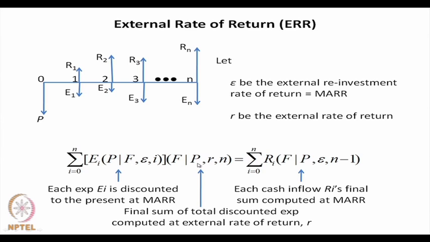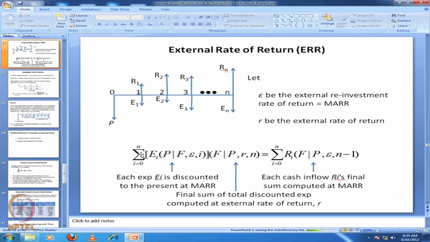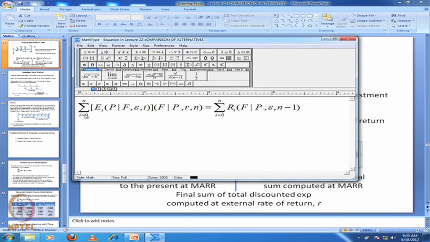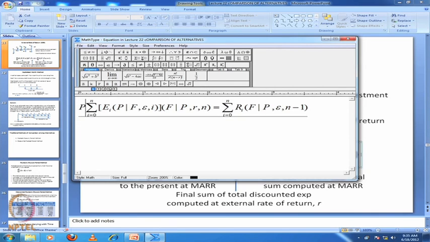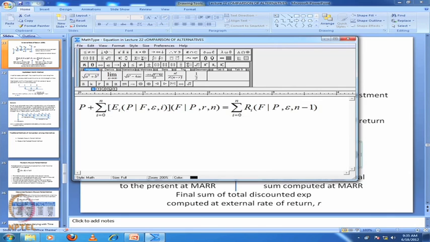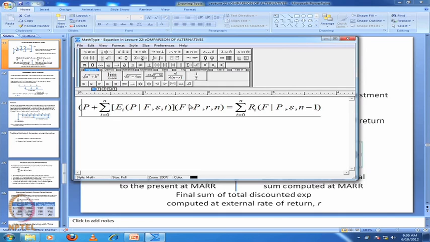So, this should be equal to, there is one mistake here, this should be P plus the discounted expenses.